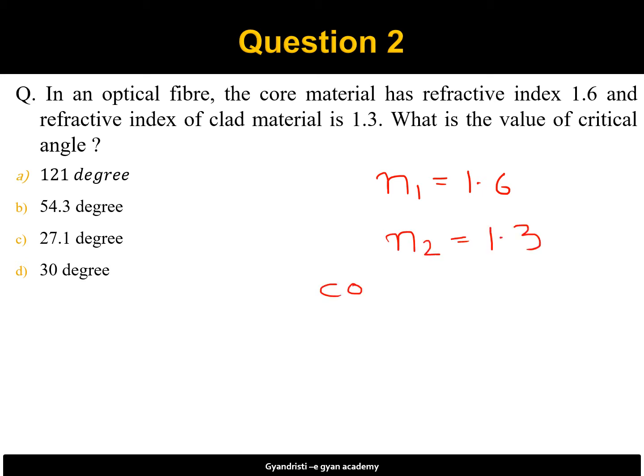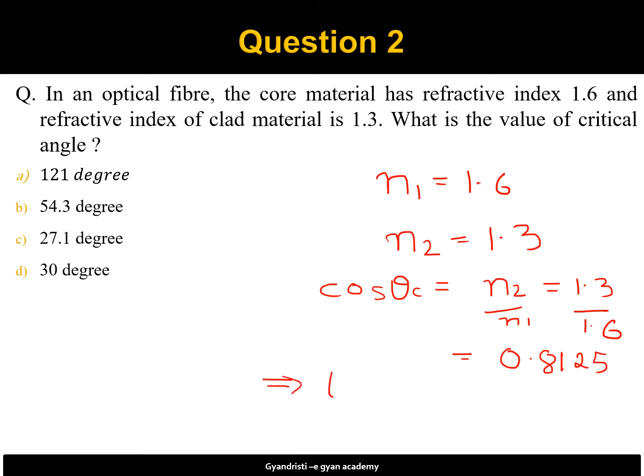So as we have just used the formula cos theta c is equal to n2 by n1, and if you will substitute here 1.3 divided by 1.6, and if you further solve it, you will get 0.8125. So it will give you the theta c value as 54.3 degree. So the correct option is option number B.